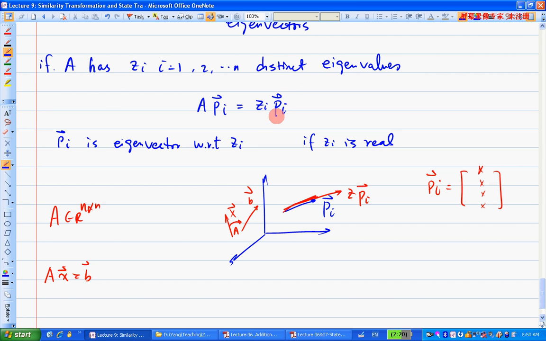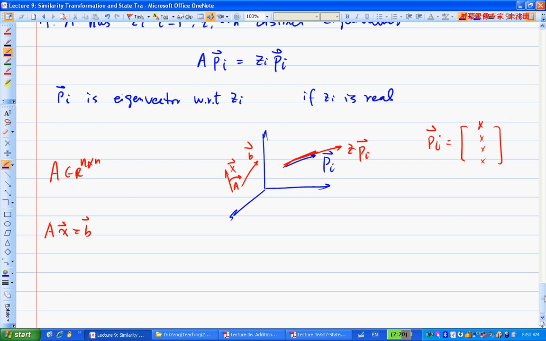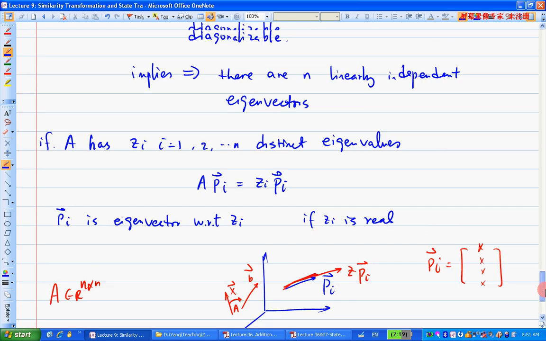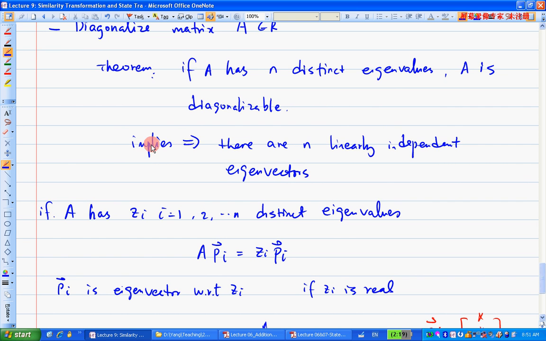Then basically what it means is I also have n eigenvectors corresponding to each eigenvalue.